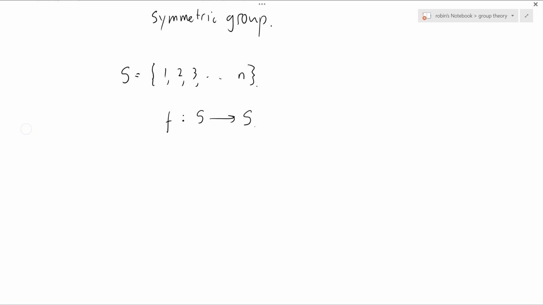Oops. I'm going to consider bijective functions. So basically this is functions which have an inverse.